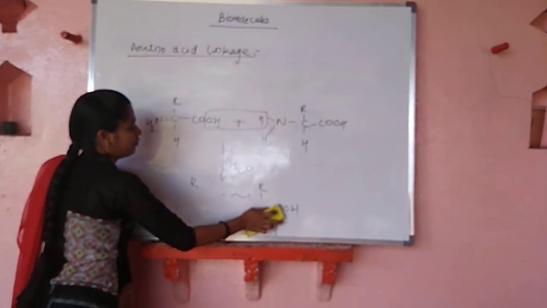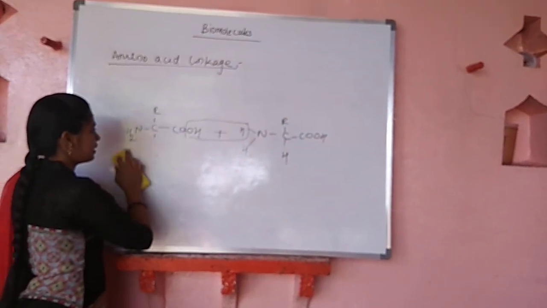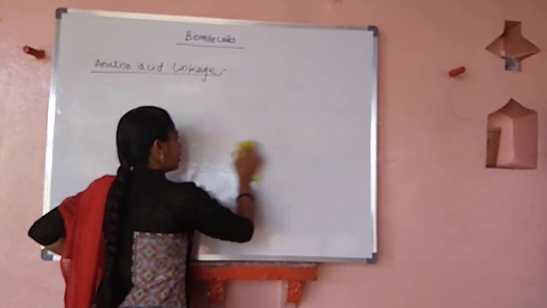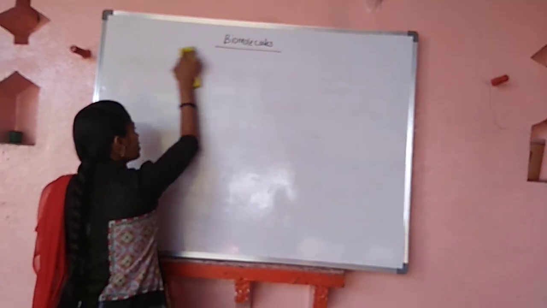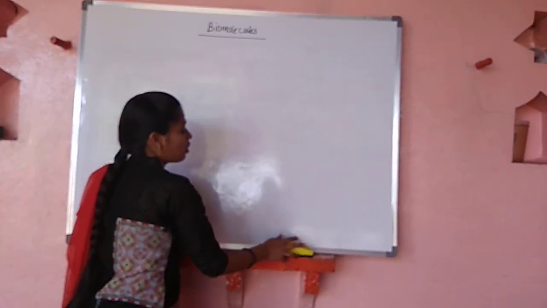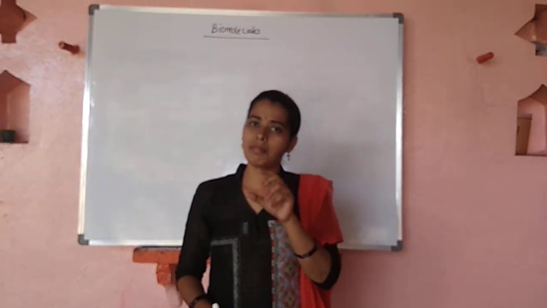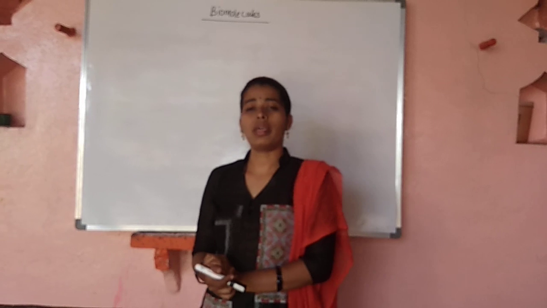So after the peptide bond, we will study the next one, that is protein. Students, why do we study amino acid? Because before going to study the protein, amino acid is the basic part of that protein. So that's why we studied about amino acid.